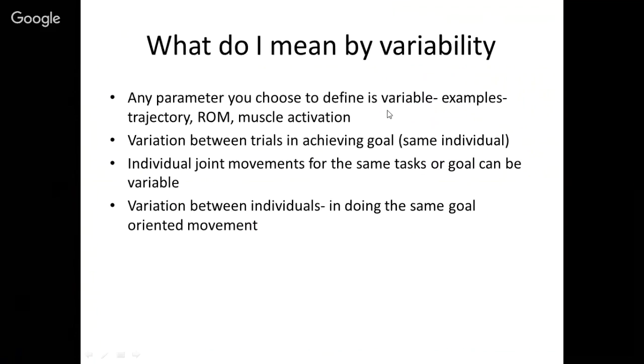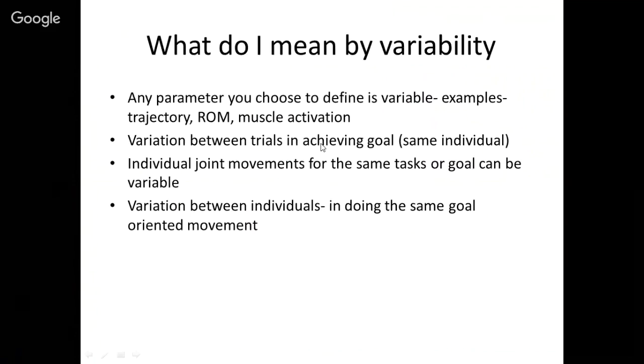When will they change? First, it will change between people. That is, if I am doing sit to stand from the same environment and you are doing sit to stand from the same environment, all these parameters, whatever muscle activation, range of motion, trajectory, they will all be different. If you are doing the same movement again and again in the same environment, then also all these things will be different, right?